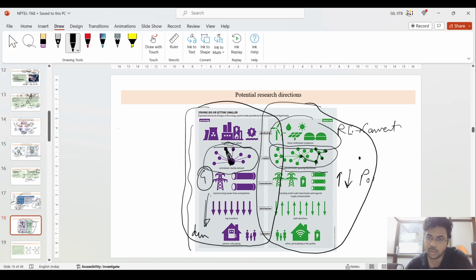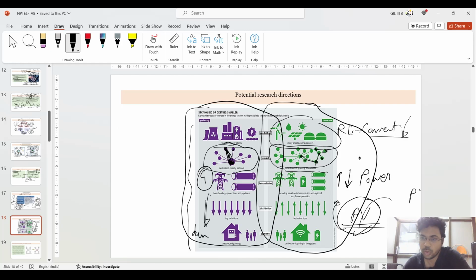So there are decentralized communications, and two-way communication and two-way power flow is possible in the current scenario. Suppose you have self-generation, that is a PV-based power plant for your own home. You can install that and participate in the energy market. You can earn money, and this reduces the reliance on conventional power plants.